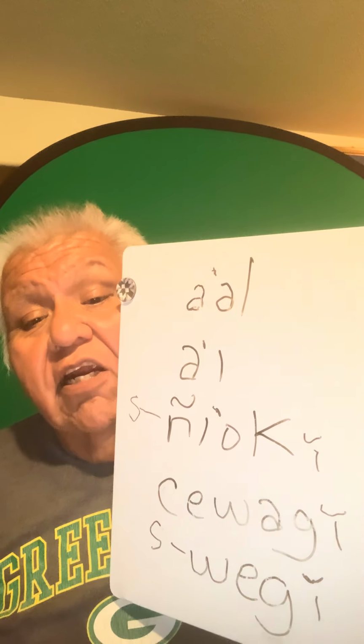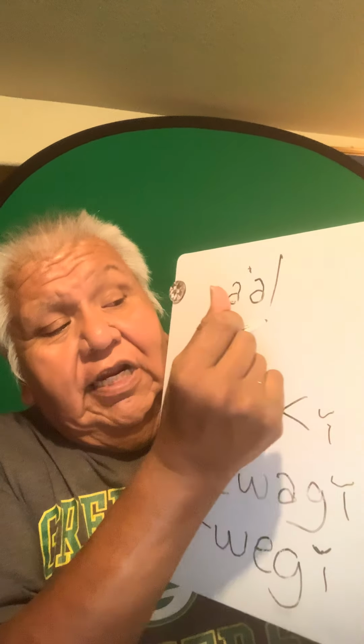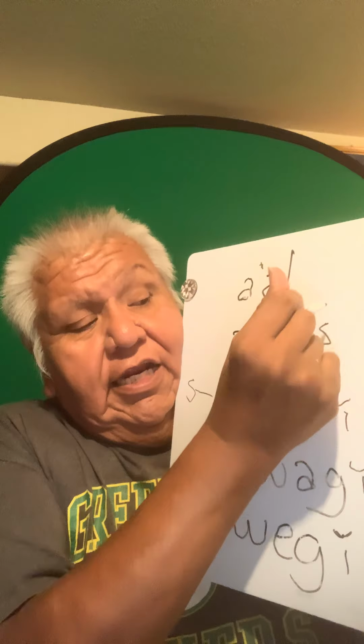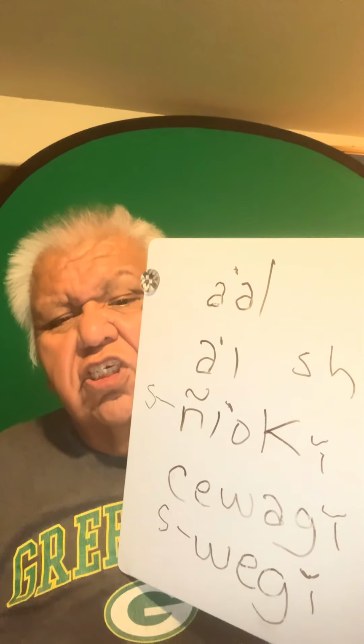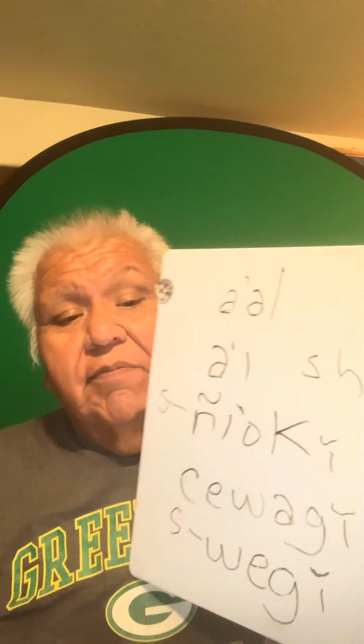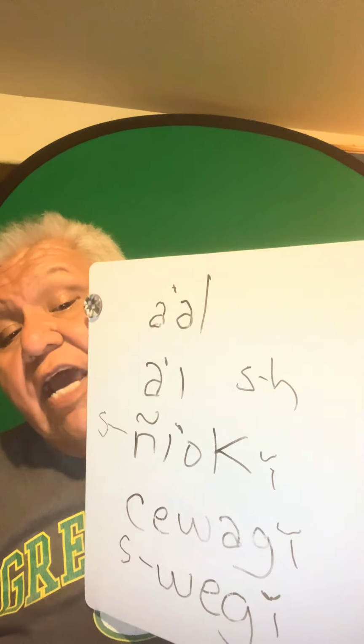There are a lot of words that have an S and then an H, and you're gonna say shh, but we don't have that sound in autumn, so you put that thing like that.